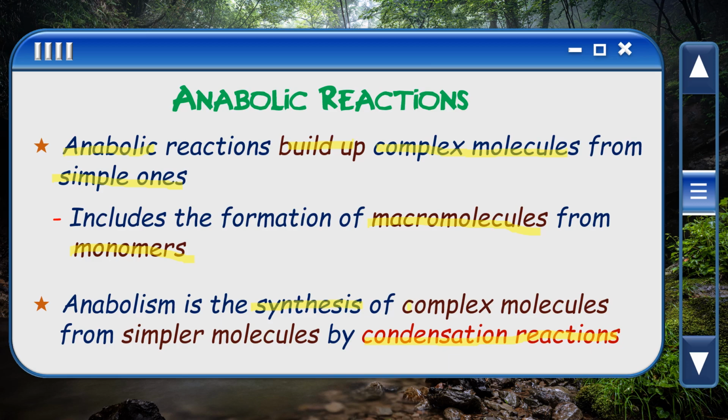We are building up a complex molecule. And where is this complex molecule coming from? It is coming from simpler molecules. So that reaction of building a bigger, complex molecule from simpler molecules, which we are referring to as monomers, involves the condensation reaction.